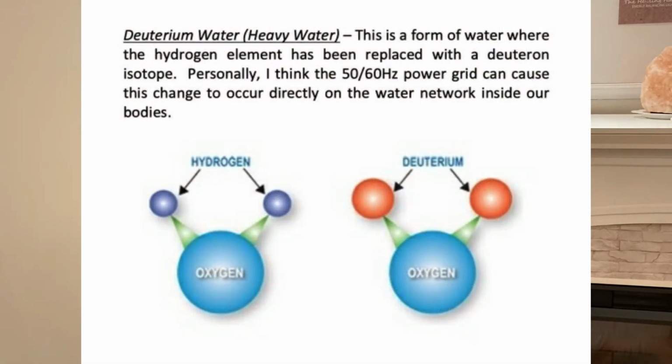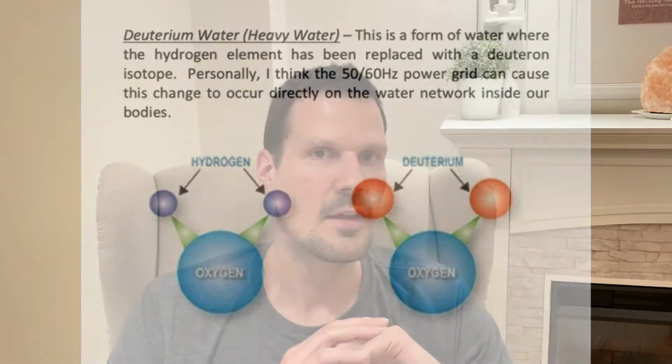And if our bodies are in that field where those crossings could be happening, and we have all of this 50, 60 hertz electric field activity buzzing all around us, permeating and interacting with our body, what I'm seeing that could be possible is that the regular water that's inside of our bodies, there's a disturbance or a change that could occur here. And that change is when we take regular water and turn it into something called heavy water, or deuterium water is another name for it.